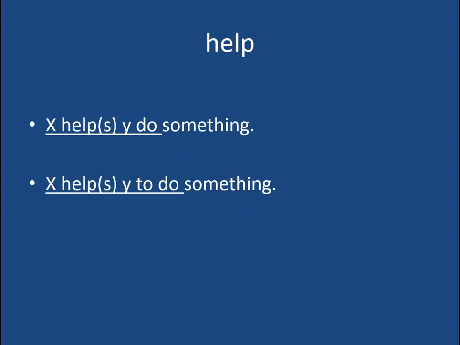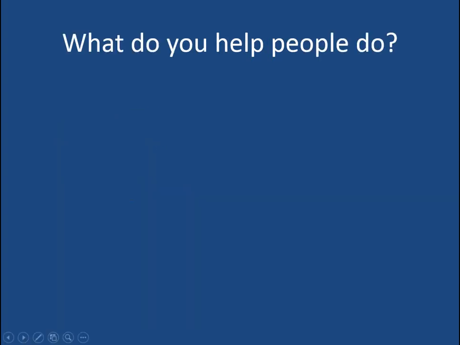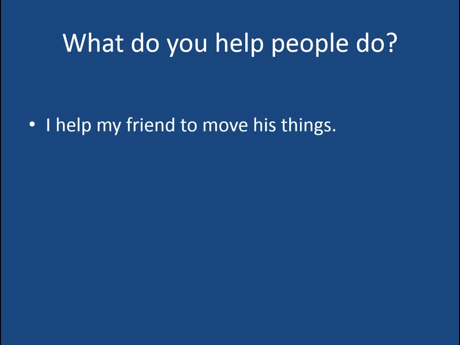Let's look at the pattern. I have X helps Y do something. X helps Y to do something. I can use to do or do with help. So, what do you help people do? I help my friend to move things. Help plus to move.